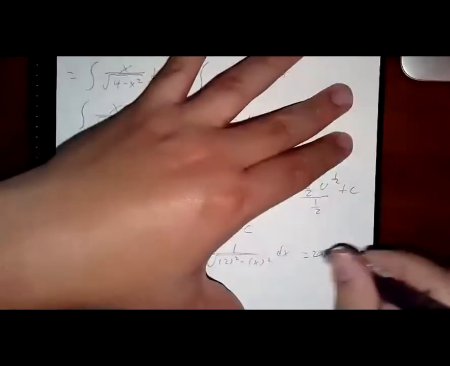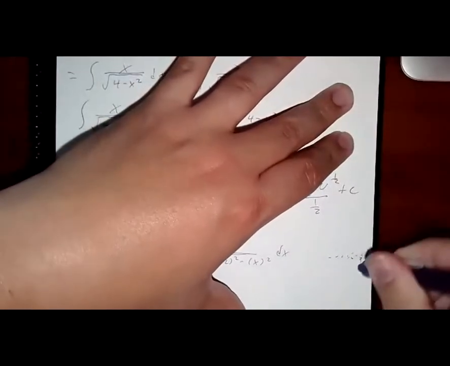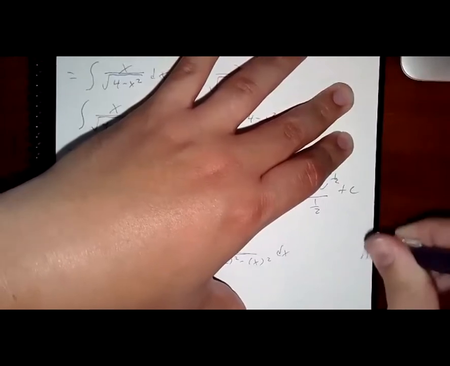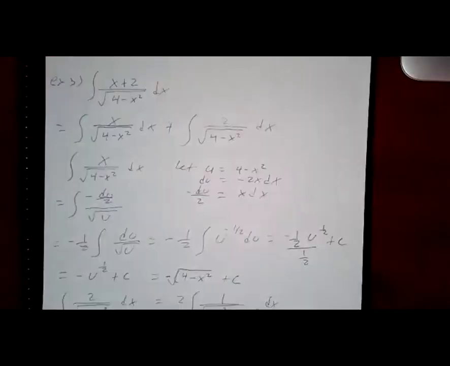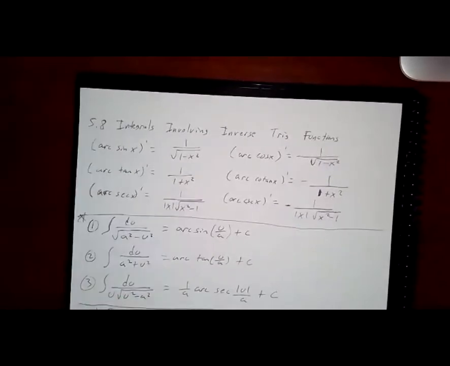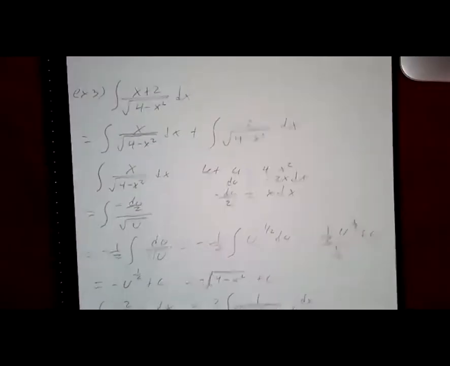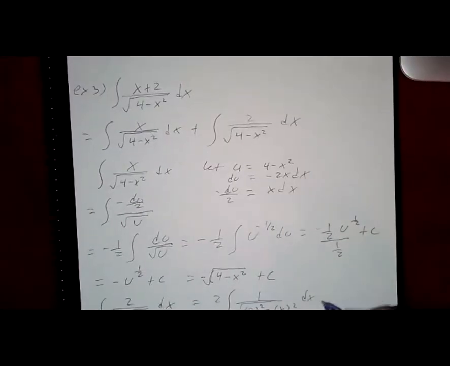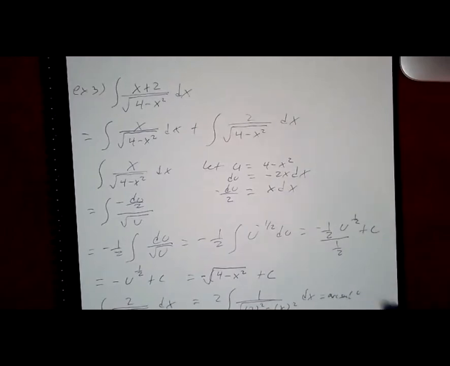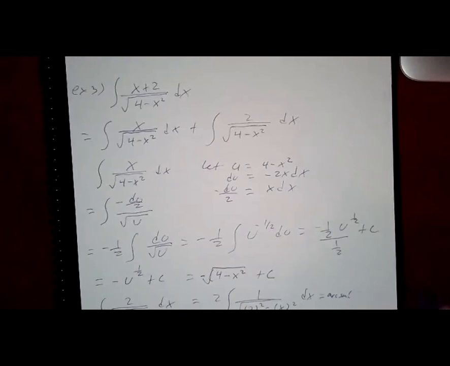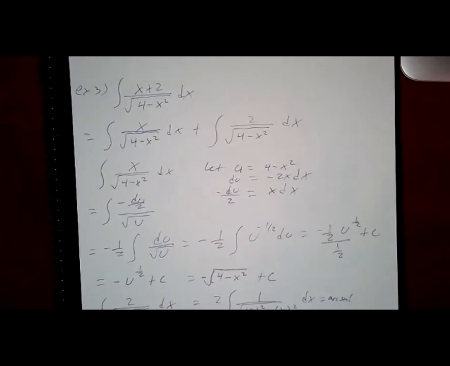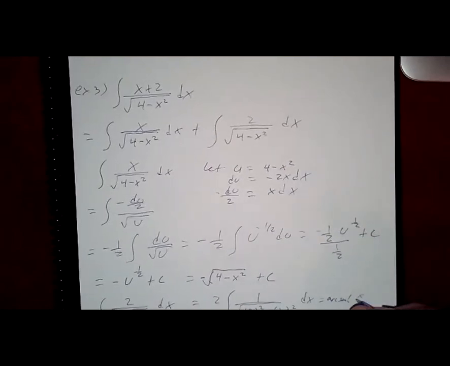Look at our formula to be safe. Yeah, u over a. So we will get arc sine of u, sorry, x over 2 plus c.